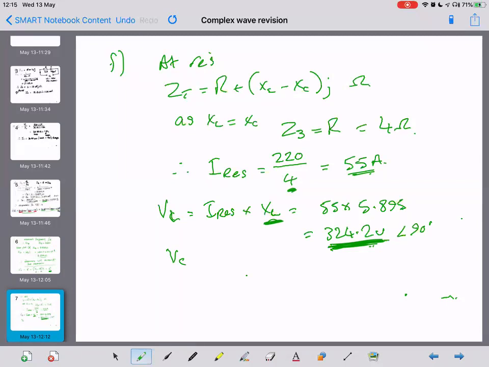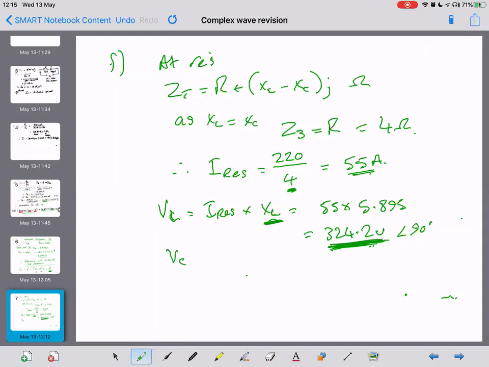Now, there's a little bit of a tag on the end of the question as presented. In the actual exam, there'd be a further 3 marks for understanding the effects of the calculated harmonic current and voltage on the components of the circuit.